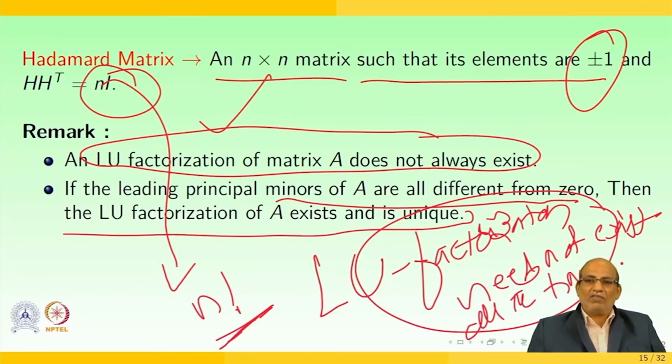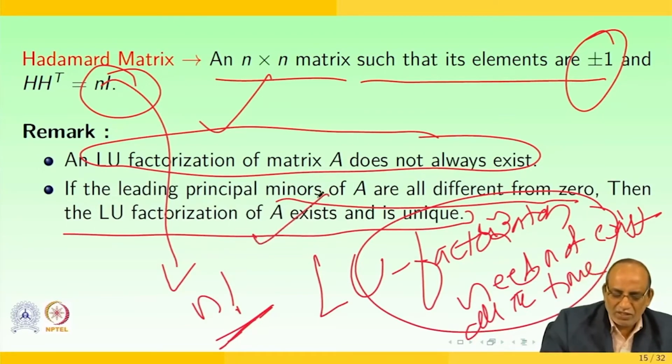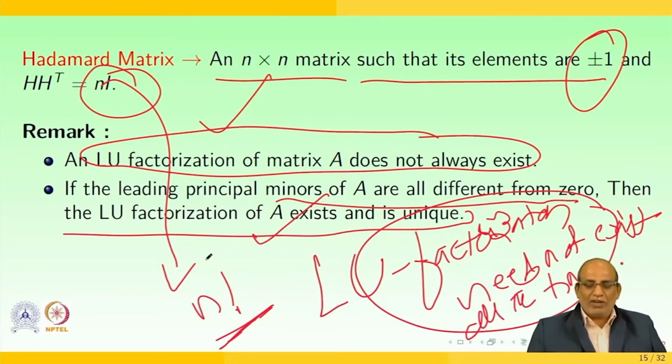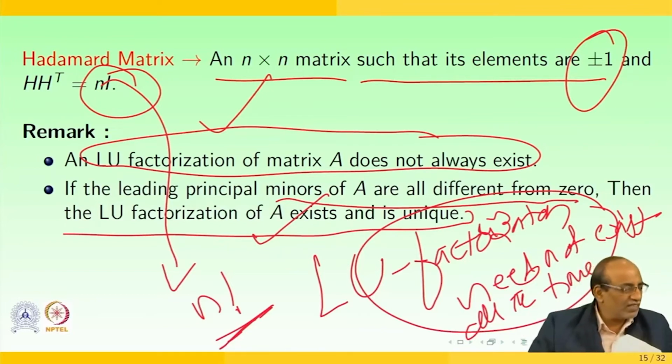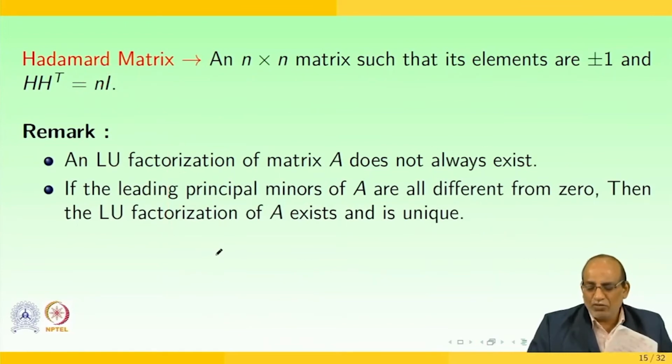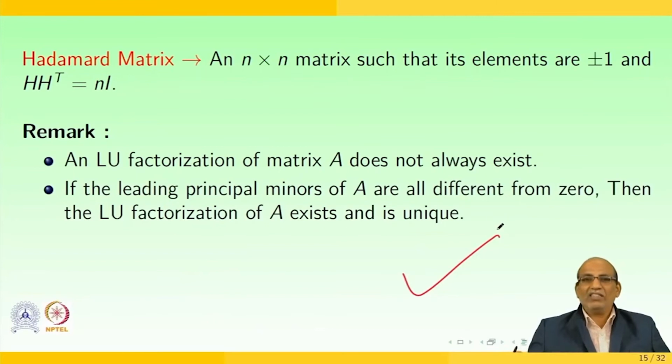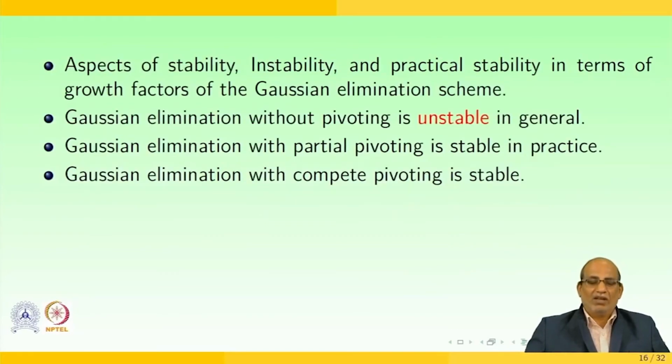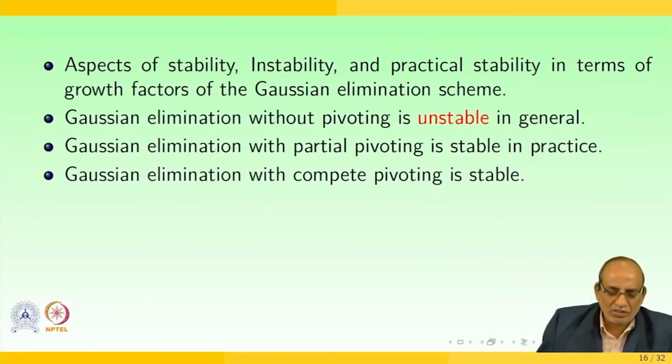That means in the previous case which you have seen, the leading principal minors we computed are all different from 0, so we ensure that the LU factorization exists, and the so-called LU factorization is a unique factorization.